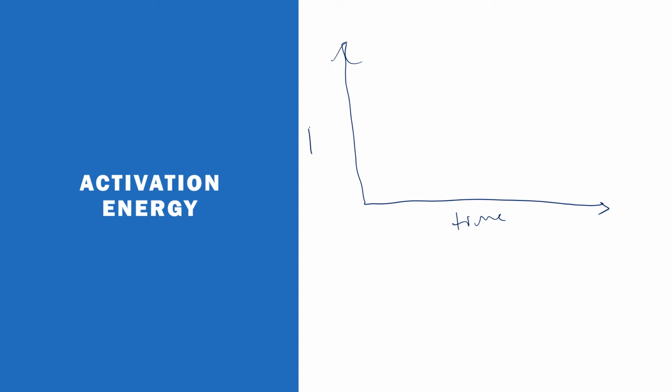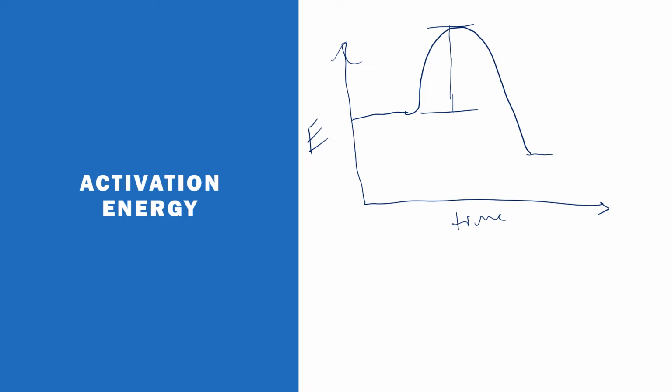If we're tracking the energy, you'll have the energy of the reactants and the energy of the products. Now the reaction might decrease in energy or increase in energy over time, but no matter what, it will require a minimum energy for the reaction to start. And that difference here, that's called the activation energy.